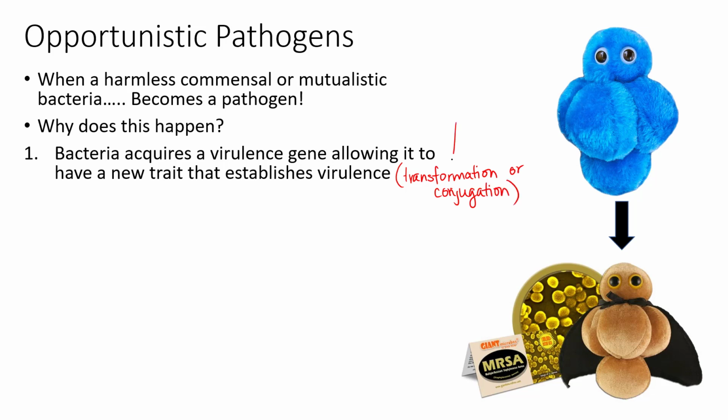And these are features of what we learned about in genetics called horizontal gene transfer. So the idea that virulence genes can be passed from one bacterial cell to another.